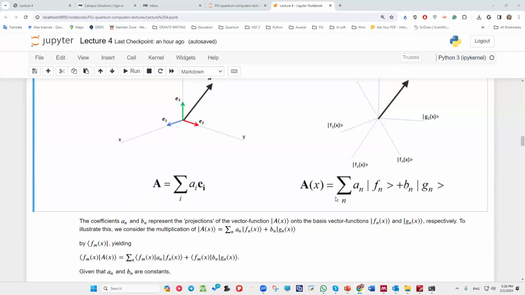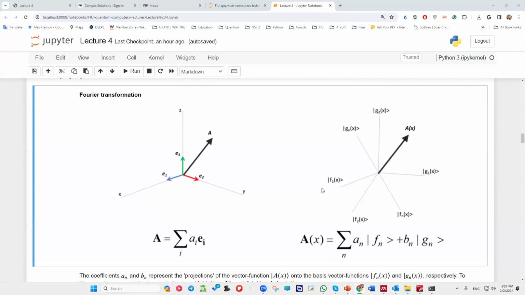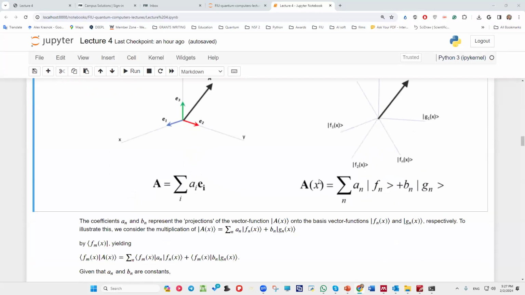Even right now, I'm talking through Zoom, and Zoom records my audio and converts it to the spectrum, and it makes the sound more compact, right? All these methods use Fourier transform. That's why it's so important.